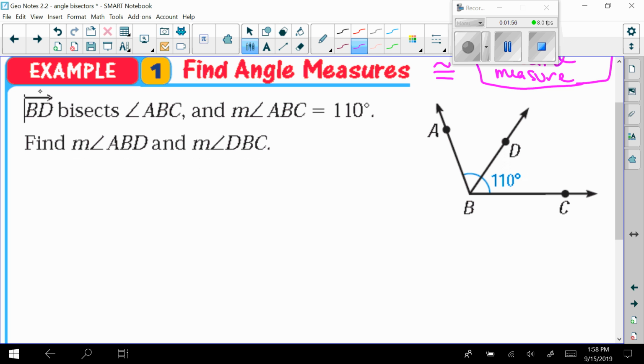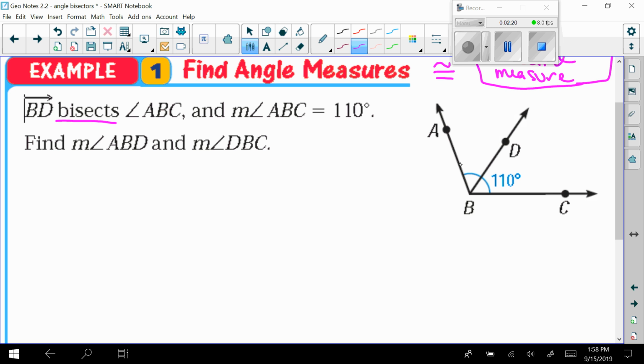So here is that ray symbol, ray BD, okay? Let's look at the diagram and see if we can find ray BD. Here's ray BD poking right out here. Everybody see it? Okay, so that's the ray they're talking about. And ray BD bisects angle ABC.